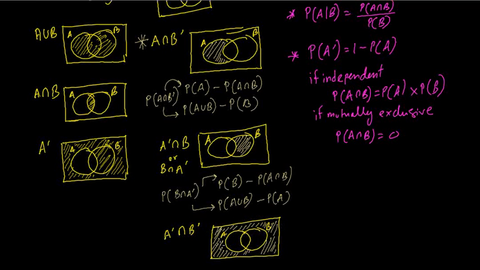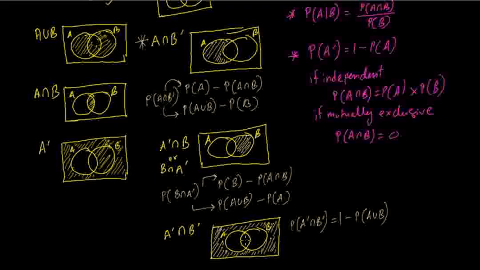So remove A and remove B. So if you remove both A and B from the universal set, remember total probability is 1. So probability of A prime intersection B prime is 1 minus probability of A union B. So from the entire set probability, if you remove A union B, the remaining is going to be the shaded region.